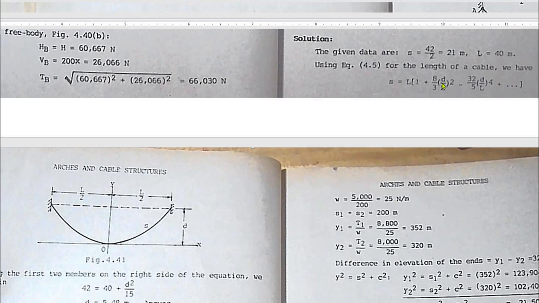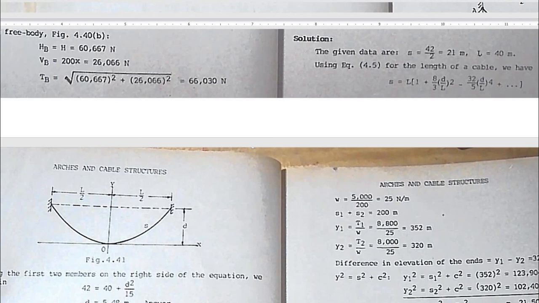So, that is the fraction 8/3 divided by 40 squared multiplied by 40. It will give you 0.067.